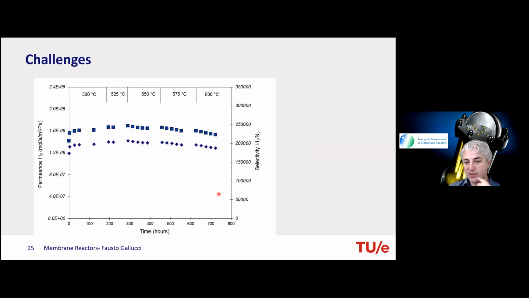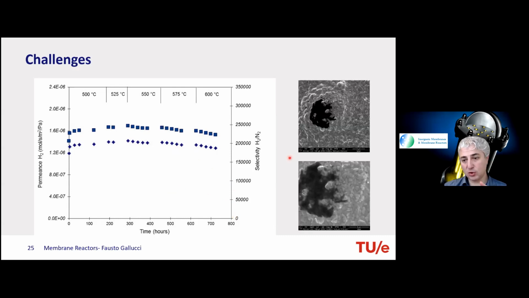And at a certain point, after 800 hours, the selectivity goes from 170,000 to 2,000. Of course, the target is around 10 to 15,000. So we are much better than the target, but after 800 hours, we go below the target for the purity of hydrogen. If you zoom in on the membrane, you see that there is some change occurring.